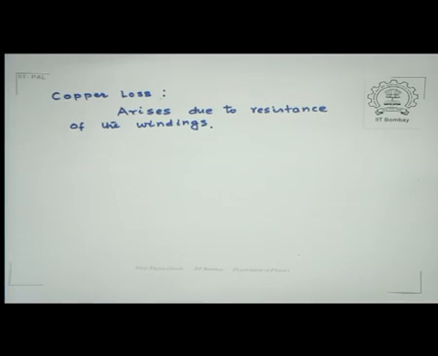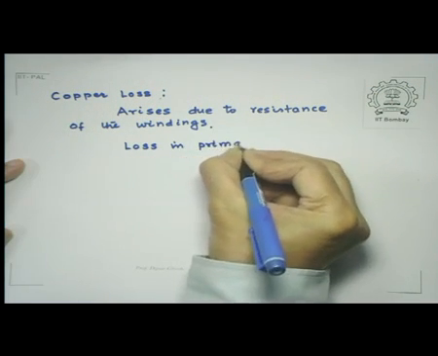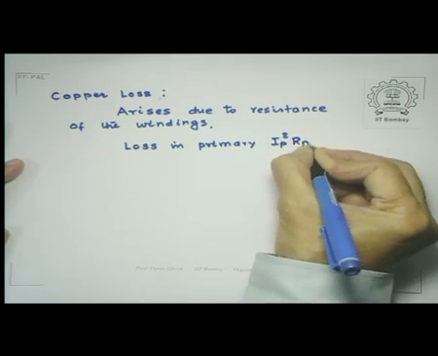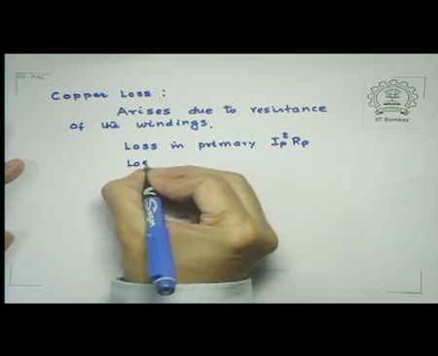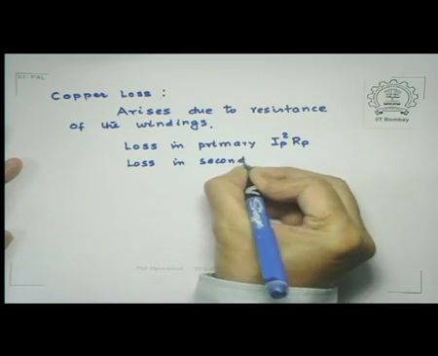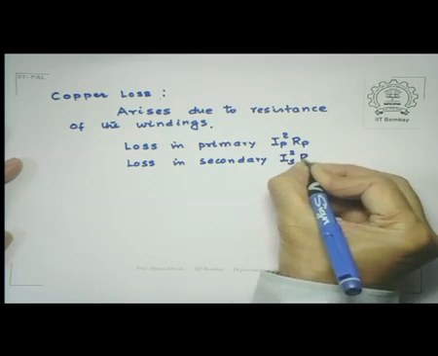So you notice that if the primary current is IP and the resistance of the primary windings is RP, then my loss in primary is IP square RP, and likewise the loss in secondary is Is square Rs.